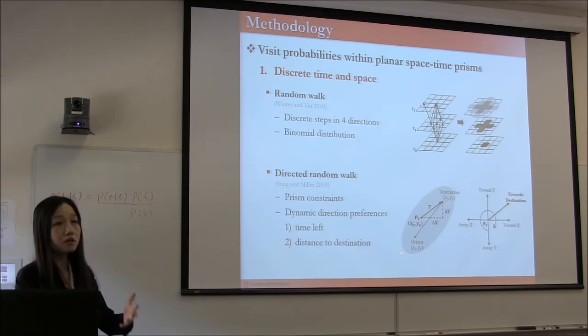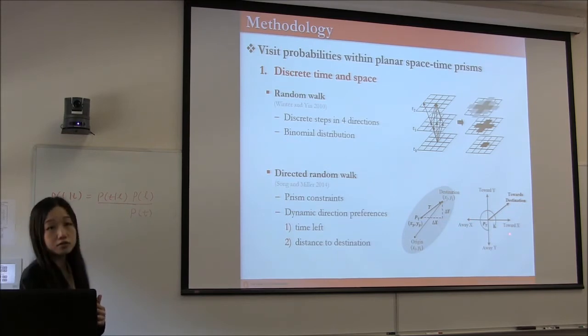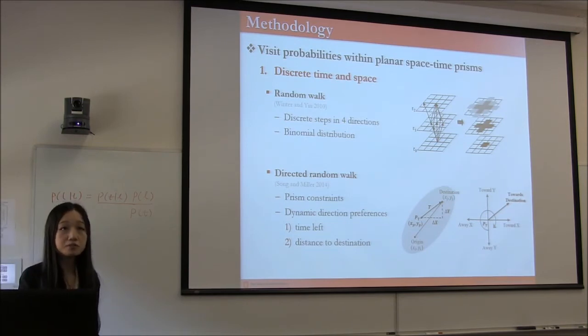If the distance is large and time is limited, I may rush towards the destination and not deviate from that path. So that determines the dynamic direction preference for us to calculate the probability.